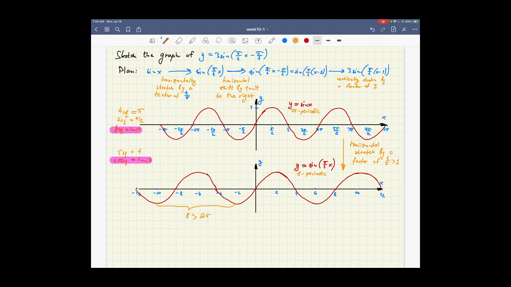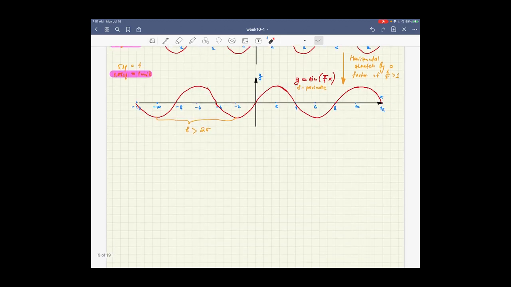The next transformation will be a shift to the right by 1 unit to produce this graph. So a new set of coordinate x's.